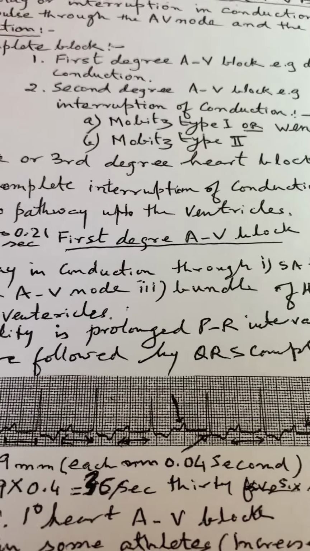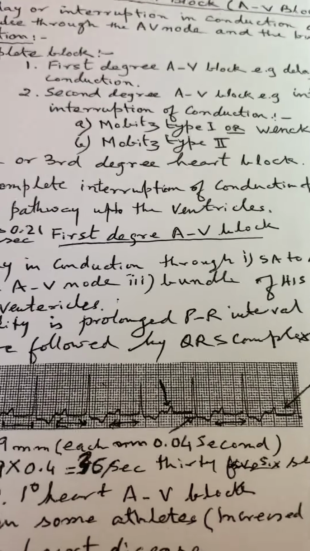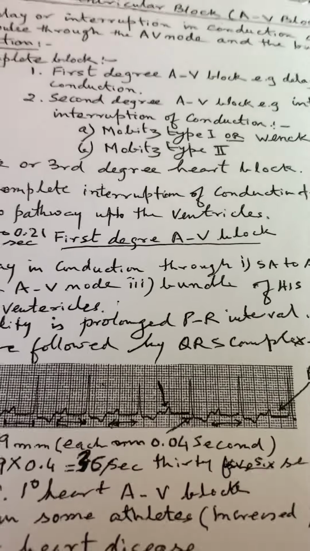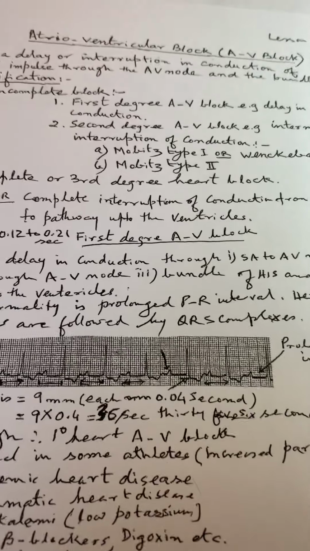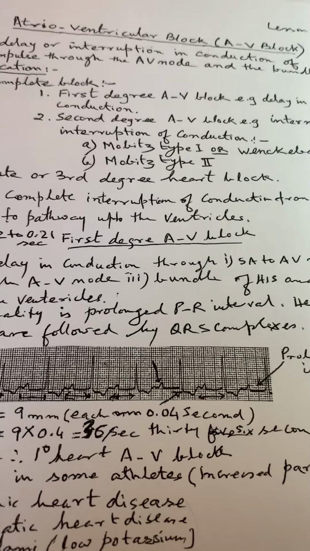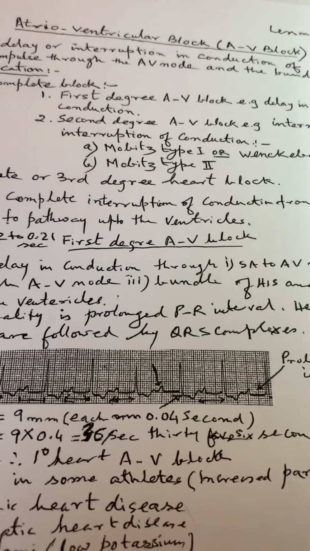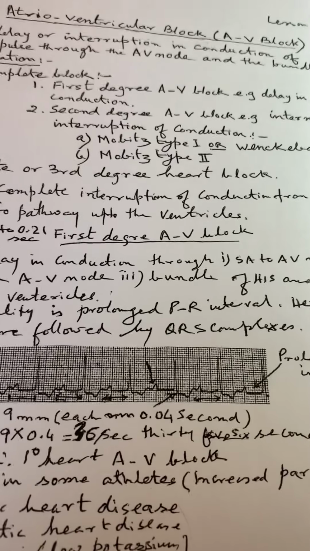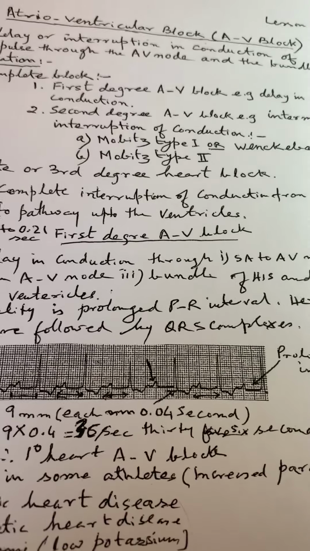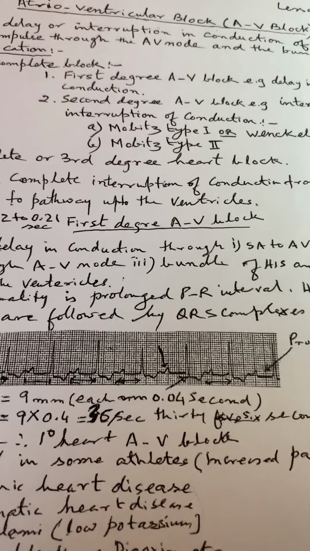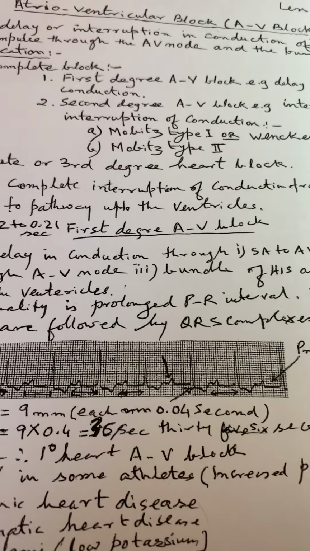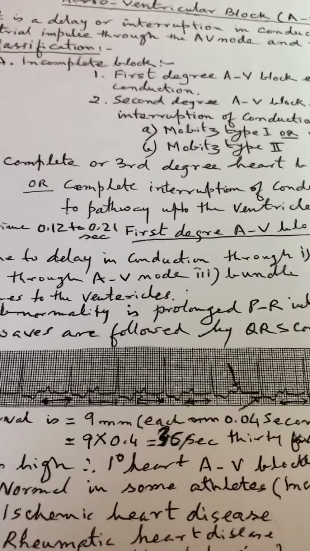You should remember one more thing. The fibrous ring does not allow any conduction from atrium to ventricle. It is the AV node and the bundle of His. So in other words, the bundle of His is an electrical bridge, or a cable, between the atrium and the ventricle. This is a point to be noted.